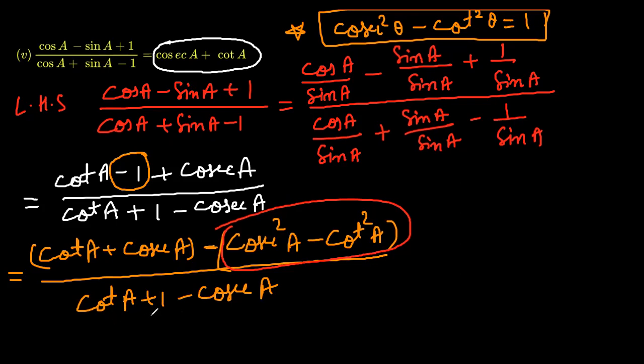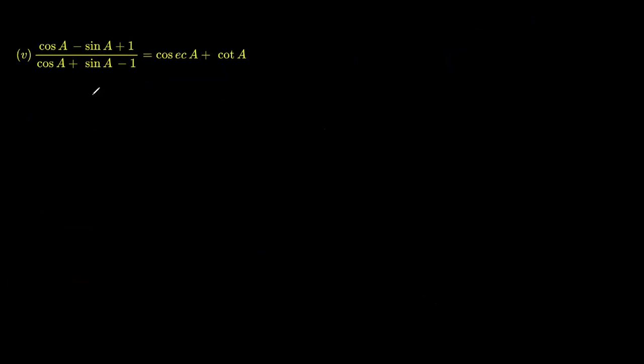Denominator is cot A plus 1 minus cosec A. The term was cot A plus cosec A minus cot square A.